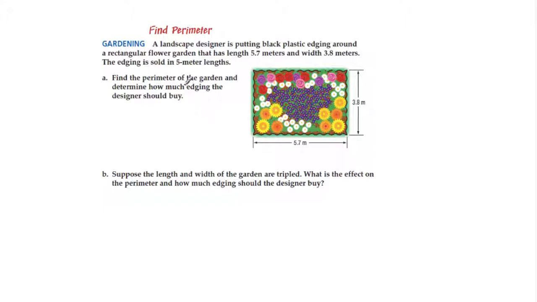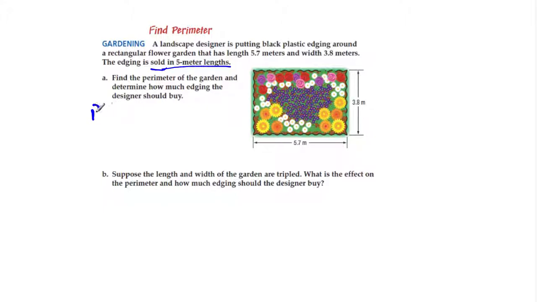Now the edging is sold in 5-meter lengths. So we want to find the perimeter of the garden and determine how much edging the designer should buy. Now this part right here means we're going to need to round up for our answer. So we just want to edge this around. So we're putting this plastic edging around this dimension.